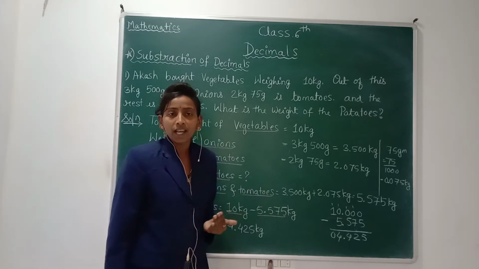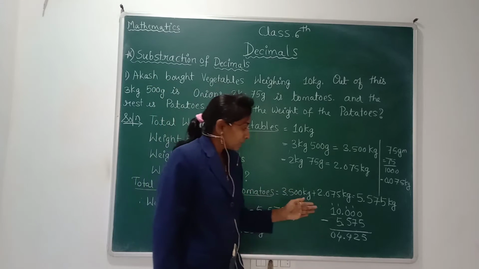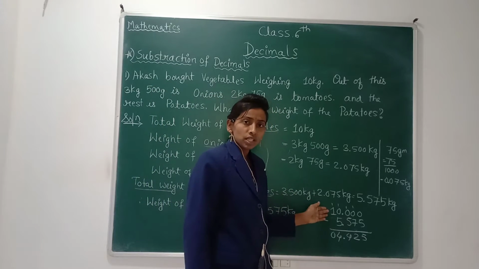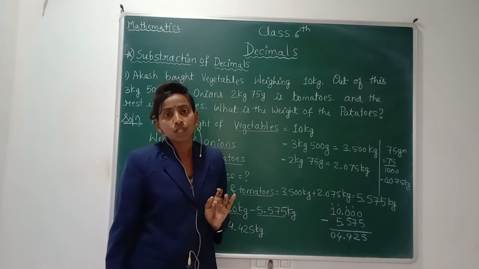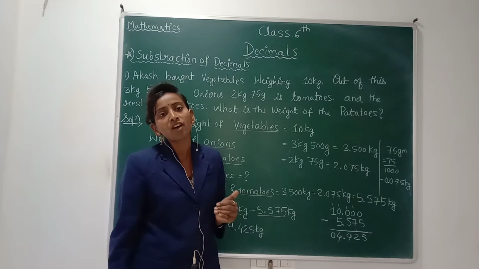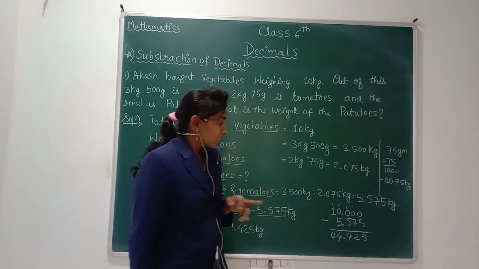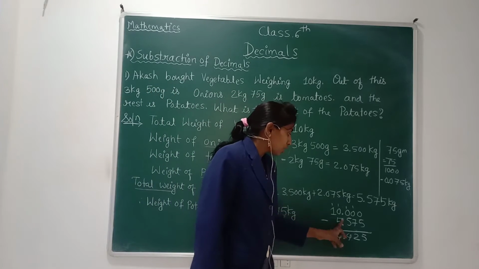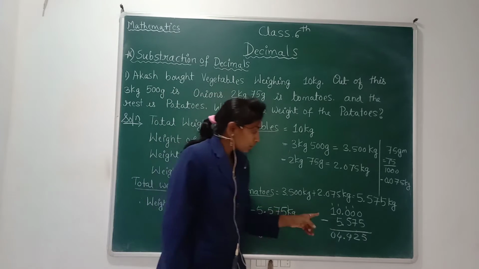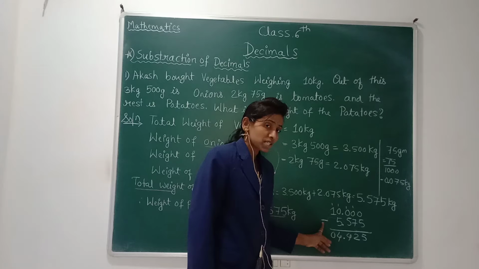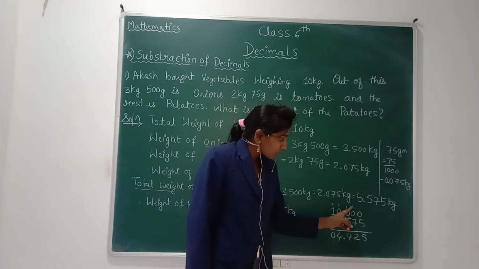After 10 I put a decimal point and write 000, which means its value is still 10. To the right-hand side, you can write as many 0s as you want. That is the step of addition and subtraction of decimals. Now I am subtracting 5.575. See how the subtraction is done. 5 from 0 is not possible, so I take one carry.